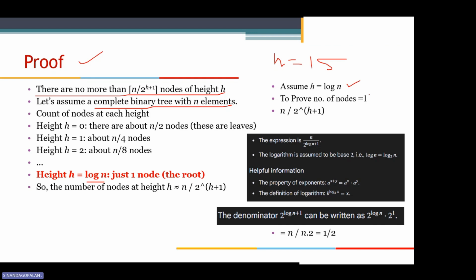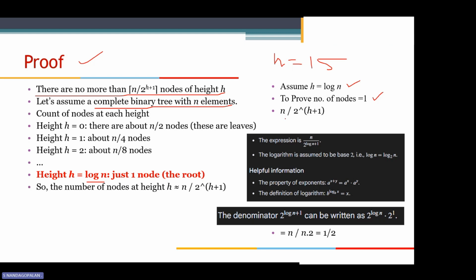The worst case time complexity of binary search is log n because of the height. Because whenever it's a binary tree, it is log n. Now we have to prove that the number of nodes is equal to 1 in the root. Because the root has only one node. So at height h equal to log n, we have to prove that the number of nodes equals 1.